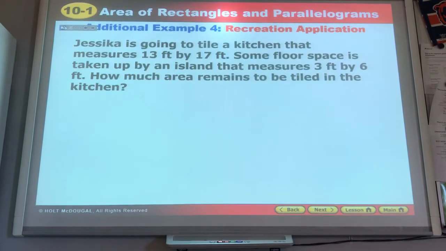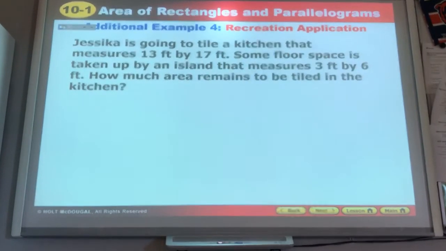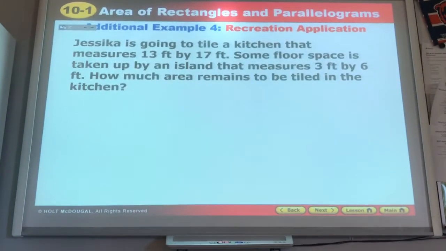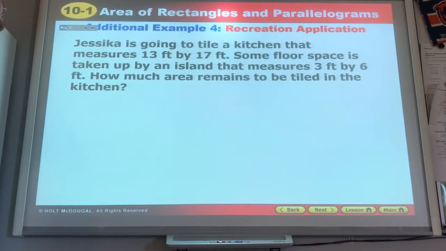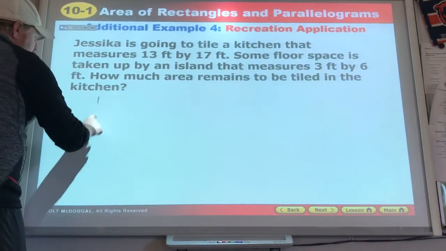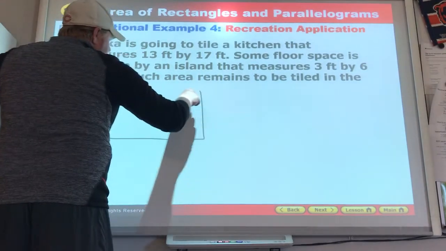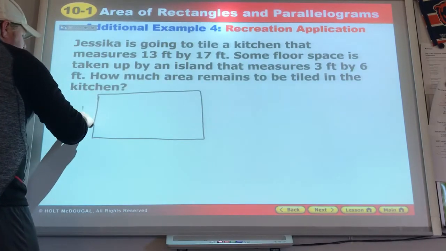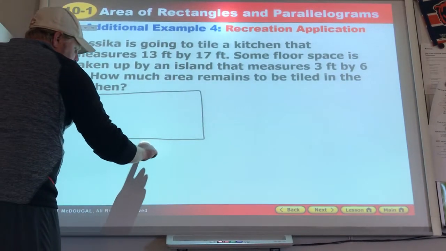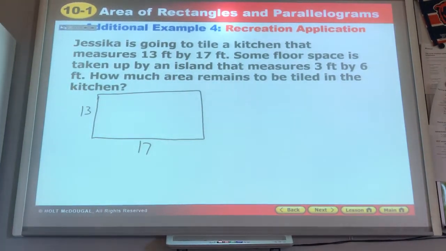Now, draw a picture. Please, draw a picture. Jessica is going to tile a kitchen that measures 13 feet by 17 feet. So I have a rectangle, 13 feet by 17 feet.